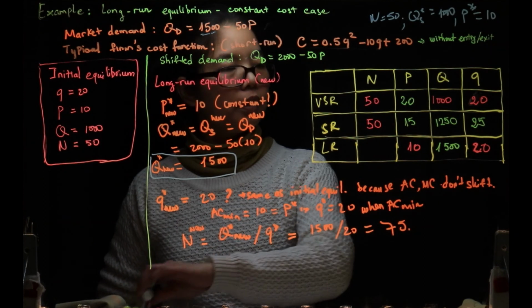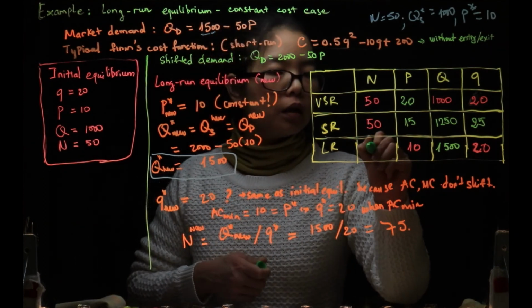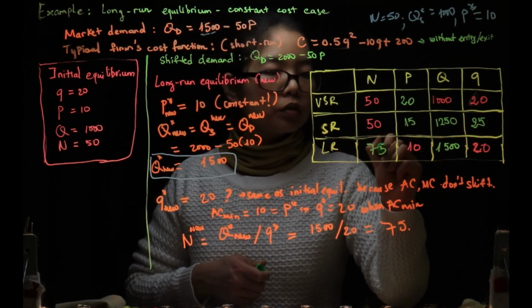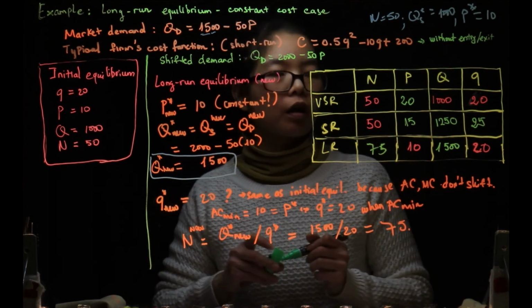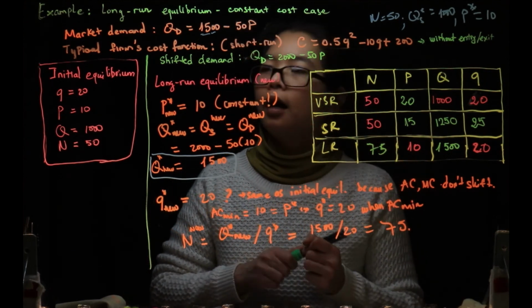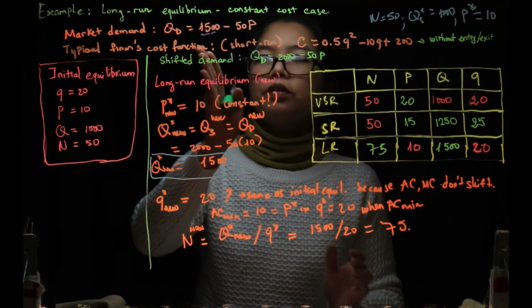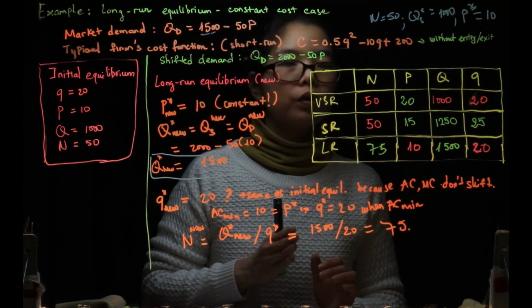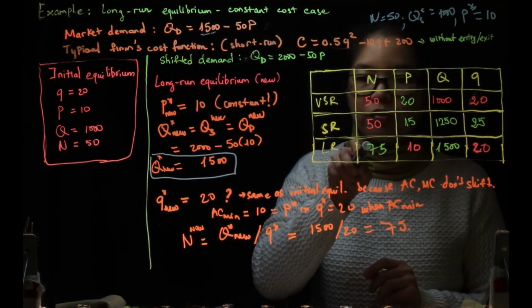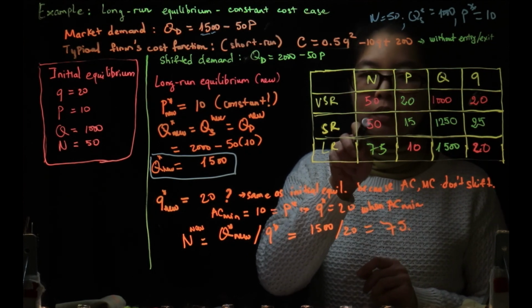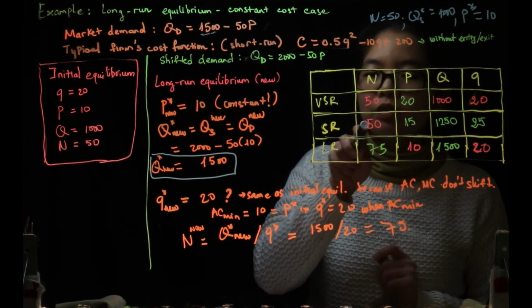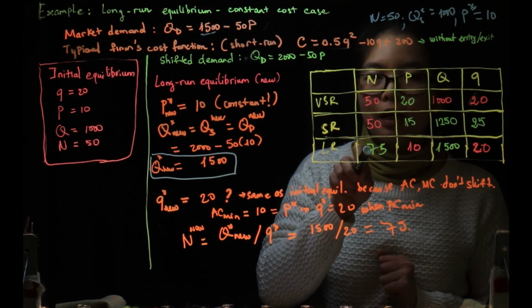So this is new. So you can see again that for the constant cost case, when the demand shifts outward, the number of firms stays the same in the short run at first, but then increases later.